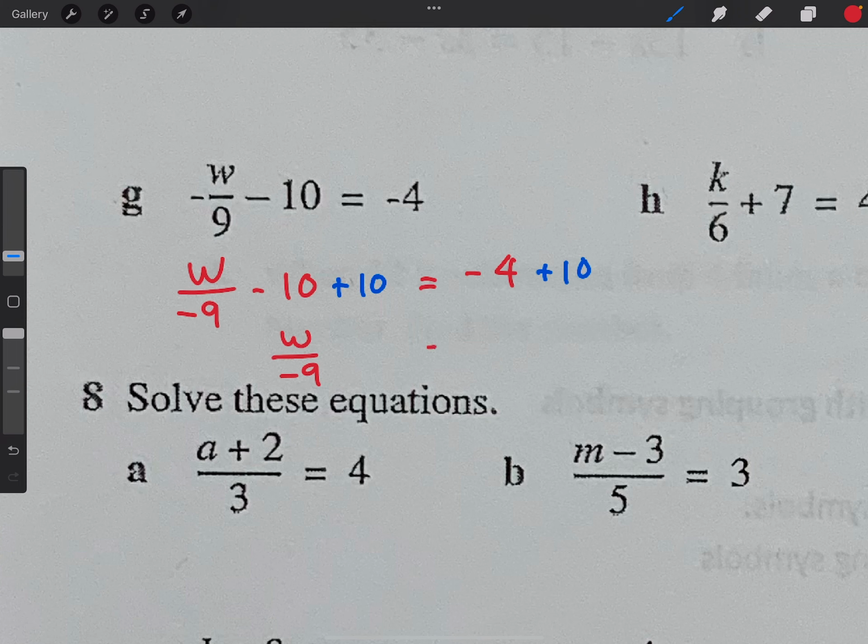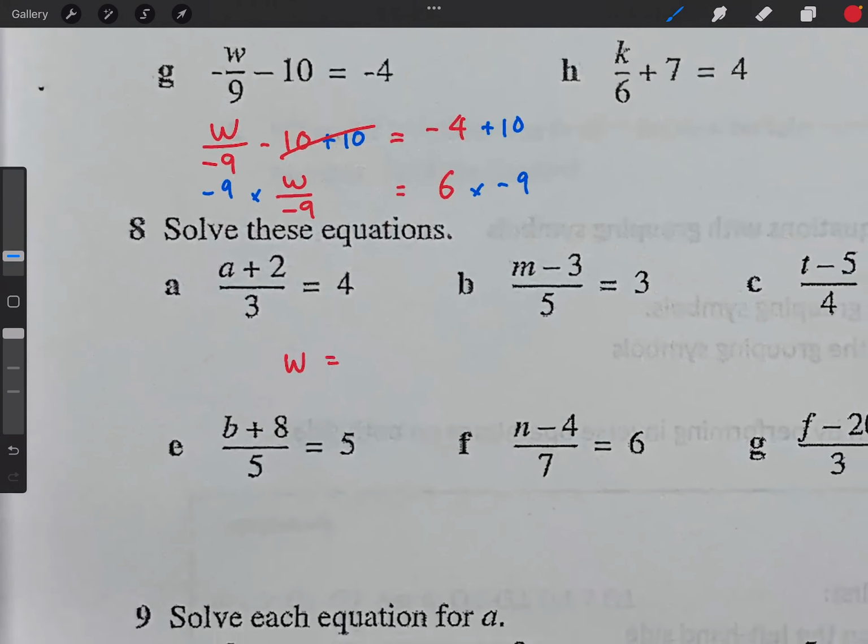Is equal to, now this part is gone: minus 10 plus 10 cancels out. Minus 4 plus 10 is 6, positive 6. Now I want to get to w equals something. w is being divided by minus 9, so we need to do the reverse: we times it by minus 9, and times this one by minus 9 as well.